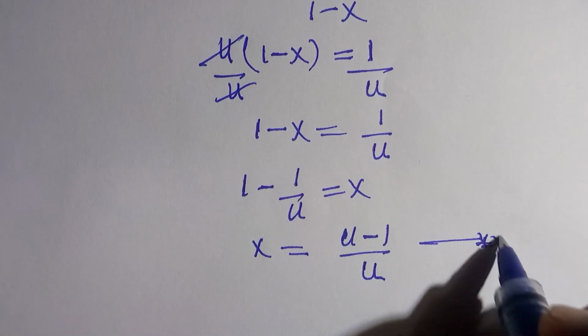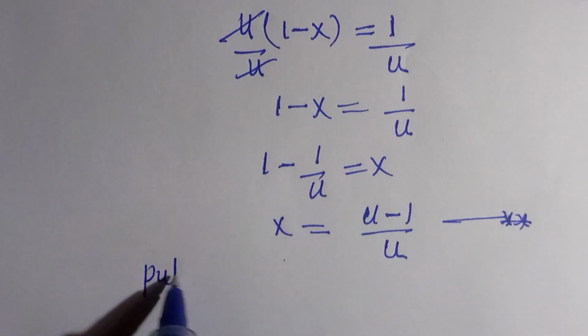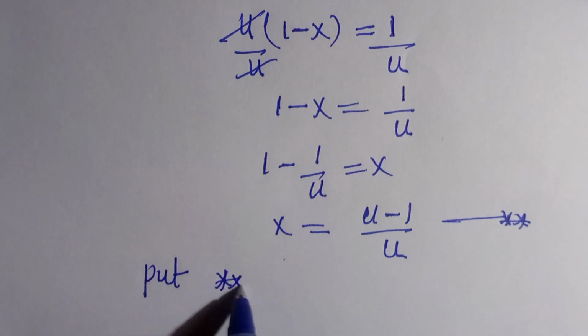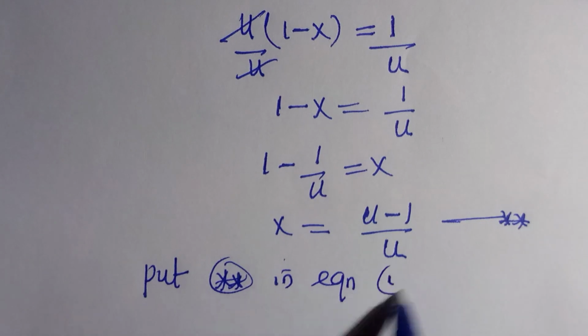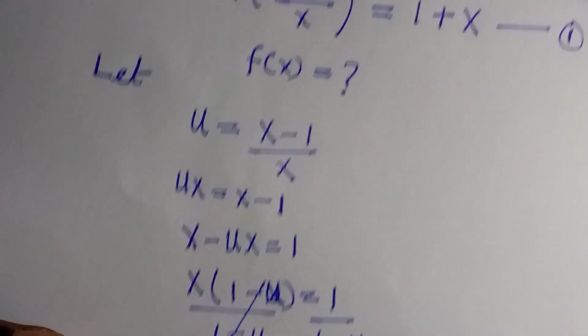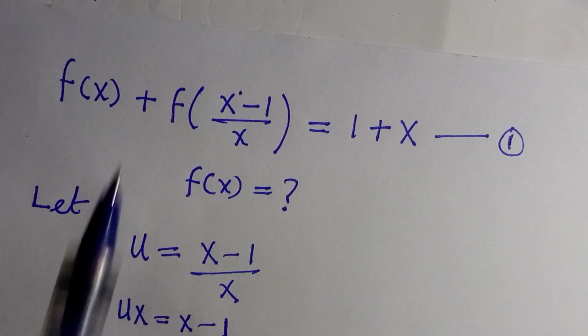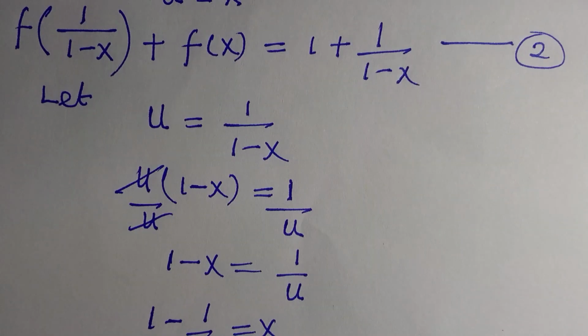If I star this one, I give you star star, and put this into equation 1. That is, anywhere we have x, I will replace it with u minus 1 divided by u.